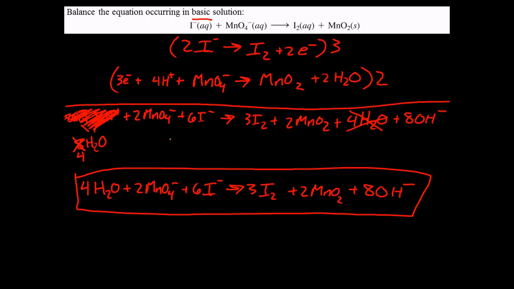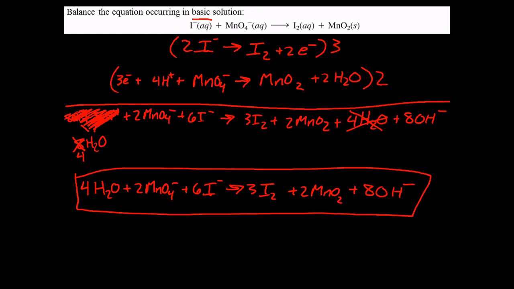So we ended with 4 waters on the left and 8 OH minus on the right. The first time I saw this, I thought, oh, that's kind of a nifty shortcut. If I'm switching to base, I can just swap those two and replace OH minus with H plus. You cannot do that. Maybe half the time it works out that way, but that is not something that works out every time.